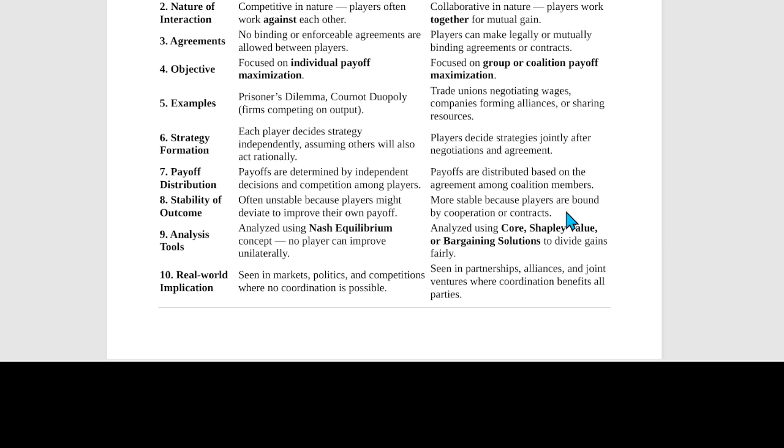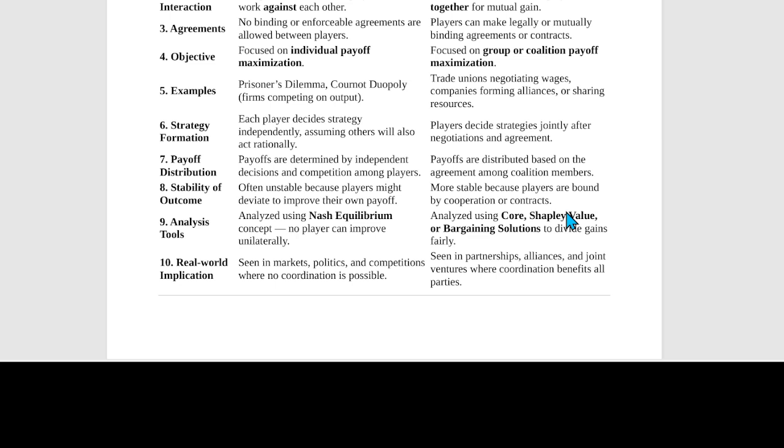Then payoff distribution क्या होता है in non-cooperative games, right? Payoff distribution is based on how well each player fights and competes, right? कि जितना अच्छे से तुम खेलोगे. Payoff distribution in cooperative games is that the shared win is divided fairly among helpers. तो उससे निकलता है payoff, right?